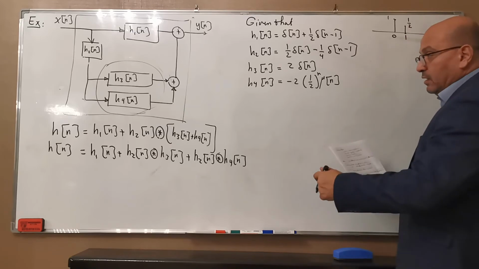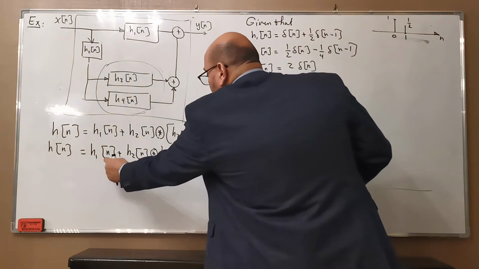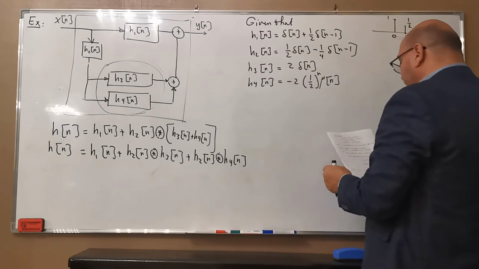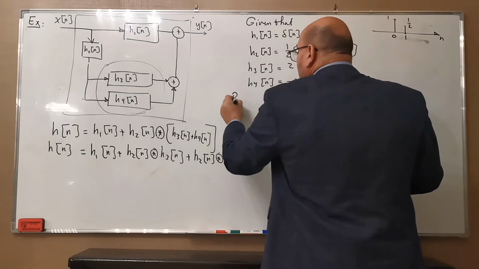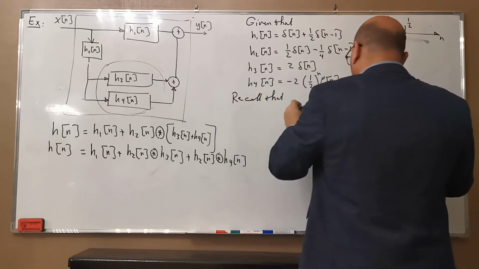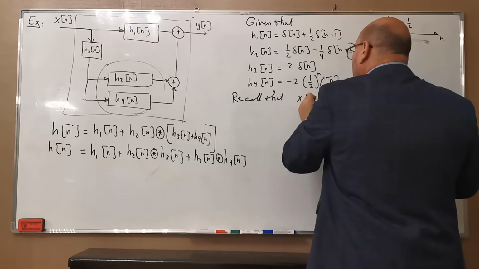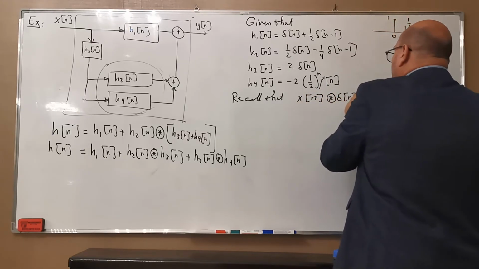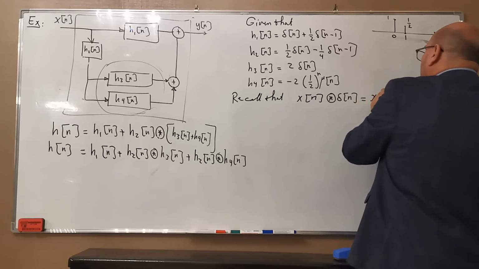We will evaluate, first of all, this convolution and this convolution. But before we do that, recall that x of n convolved with a delta is equal to x of n.